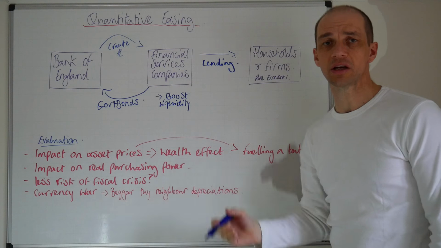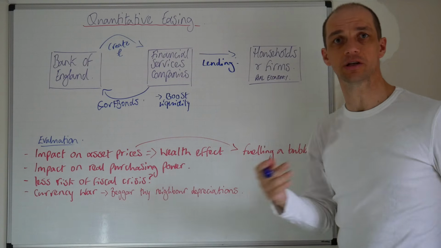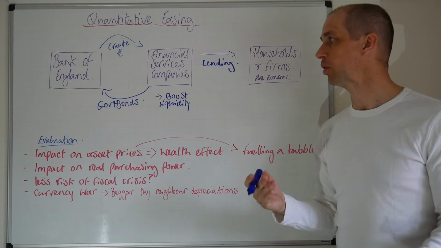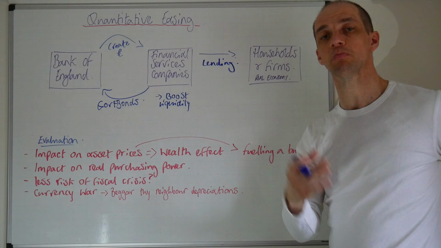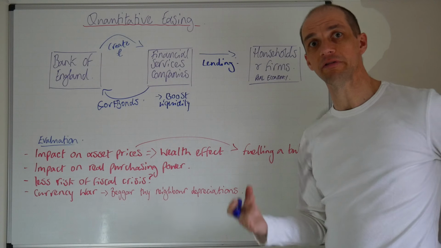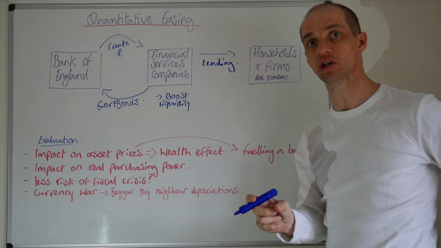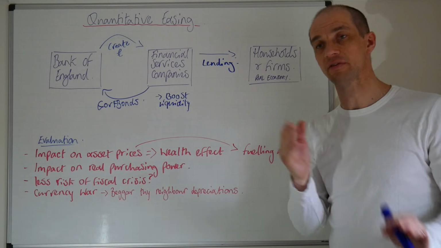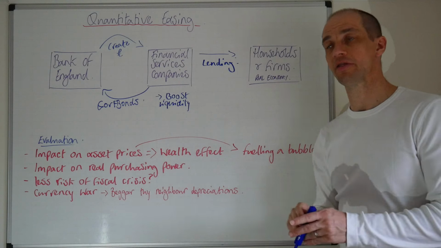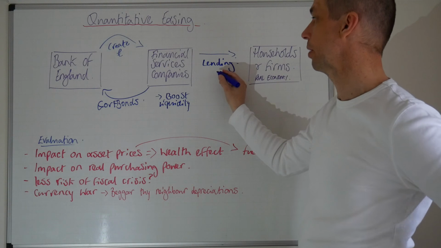So lending can increase, and if you think about the actual impact of this on a demand and supply diagram, if there is more available money for banks, then in terms of the price that banks can charge for that money, because they have an increased supply of it, interest rates will come down.